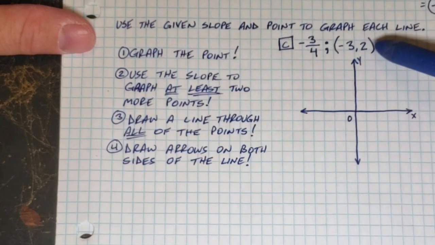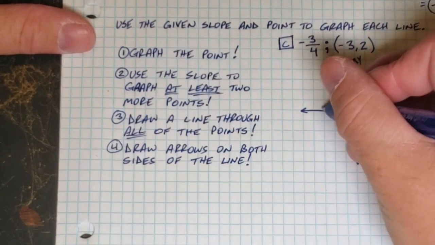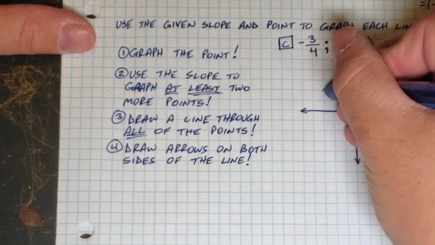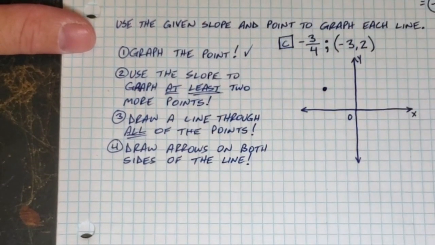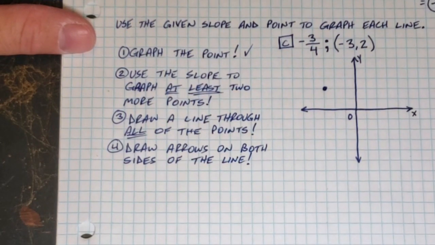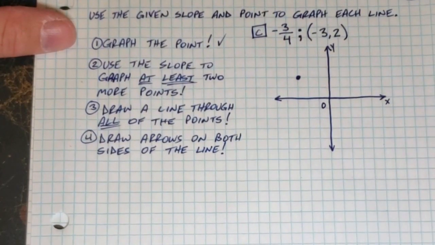So negative 3, 2. That was the first step. Check. The second step is to use the slope to graph at least 2 more points. So we should have a total of 3 points or more by the time we're done.